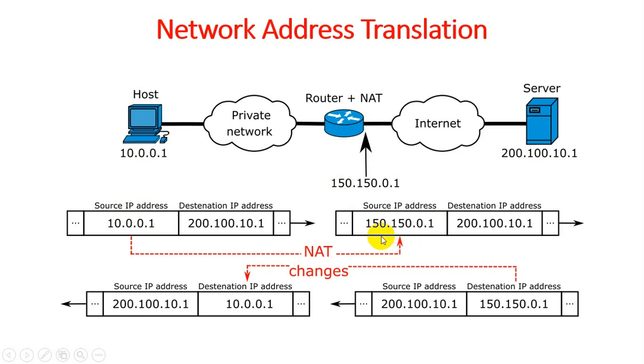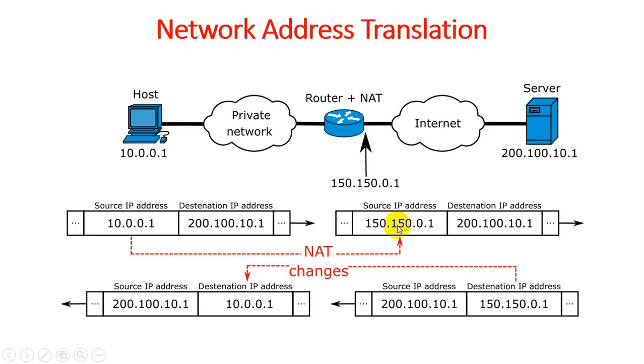Now a request that comes from 10.0.0.1 is converted into 150.150.0.1. After converting the source address, it finds this particular server, which is located at 200.100.10.1, and communicates with it. It is a public IP address.